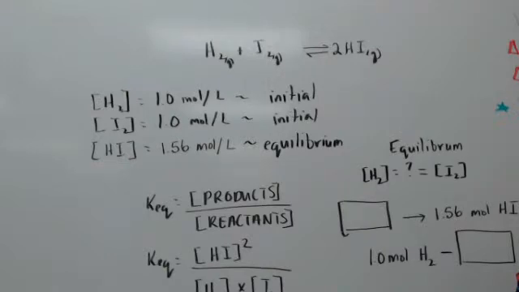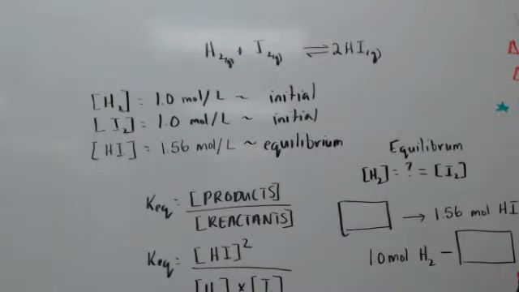At equilibrium, we have 1.56 moles of hydrogen iodide, and together we have some of the hydrogen gas and iodine gas left. Let's calculate the equilibrium constant for this reaction.